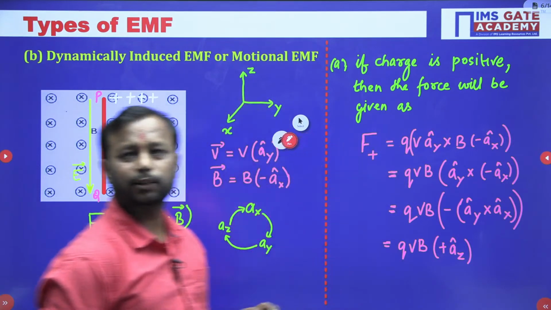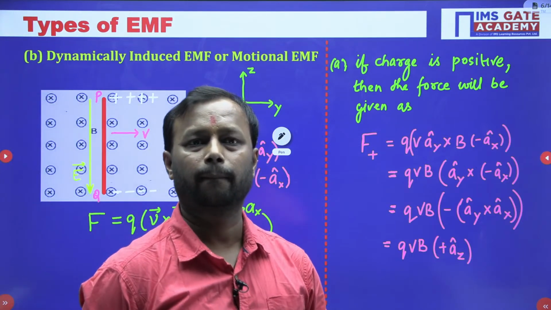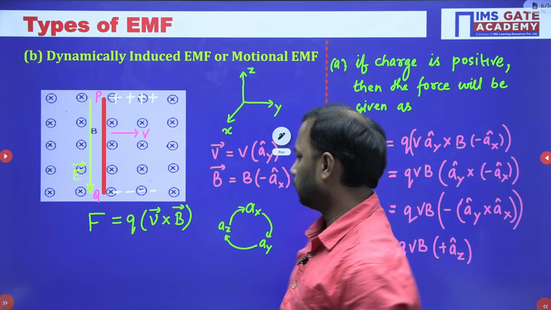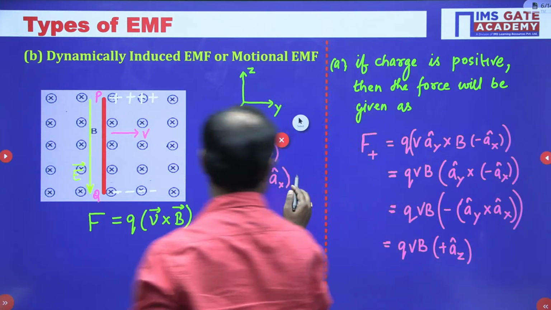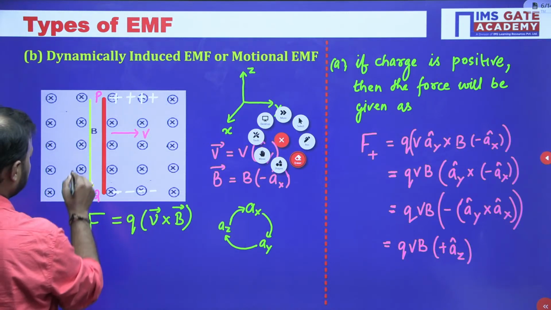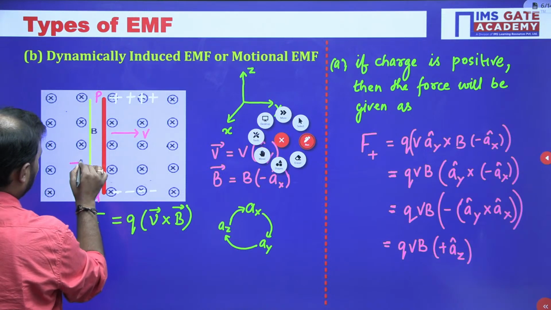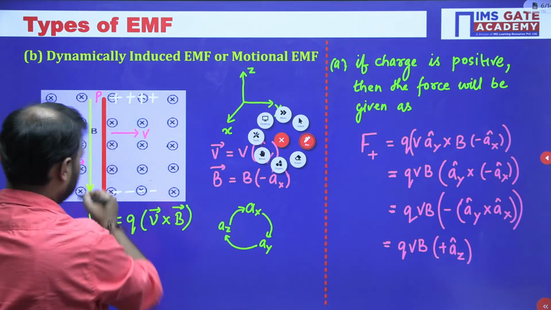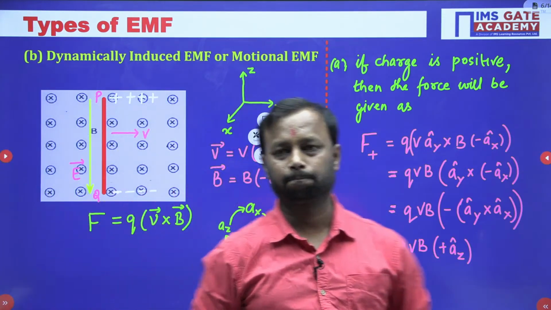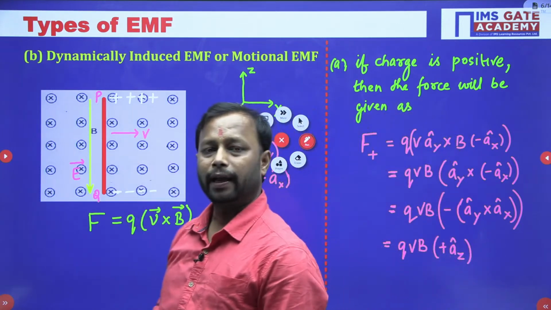Any doubt till this point? ये कलर विजिबल है क्या? ओके ठीक है, चलो मैं एक बार चेंज कर देता हूं. Just a second, let me change the color. This is the electric field. ओके, ये इलेक्ट्रिक फील्ड का डायरेक्शन है. Done. All right.